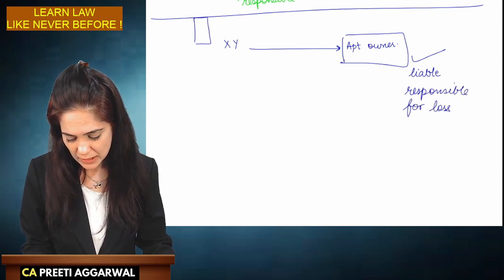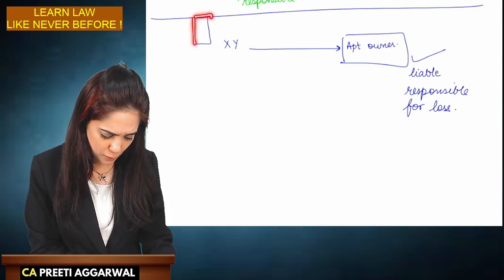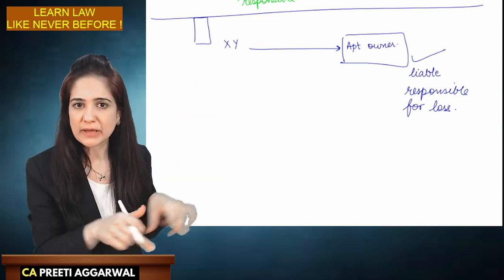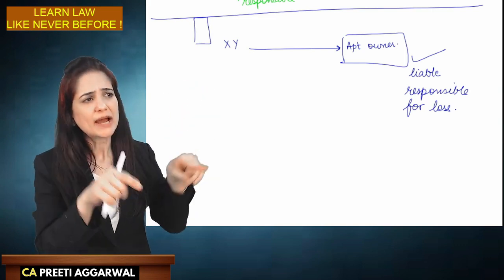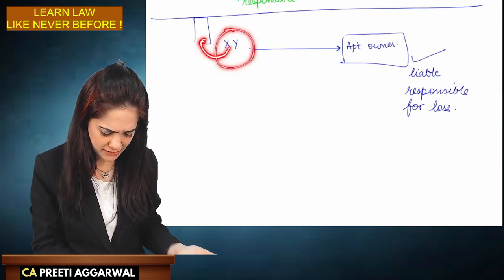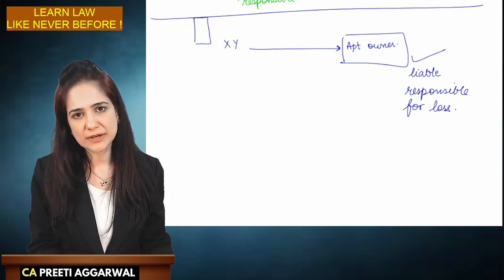Why? My argument over here is he had posted a small paper mentioning all those terms and conditions. He had mentioned that in the corner of the room. So shouldn't X and Y read those terms and conditions? Ma'am, but were they asked to read the terms and conditions?